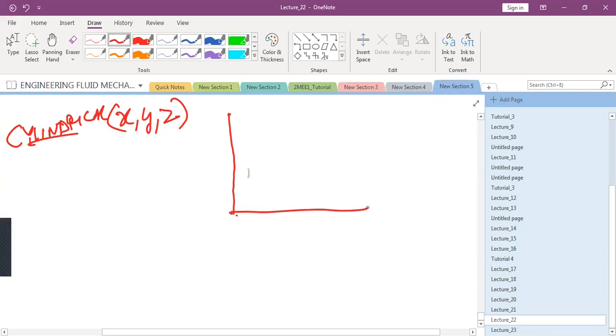So how is it related to Cartesian now? Say this is x. If this is z, this should be y, because of the right hand thumb rule.